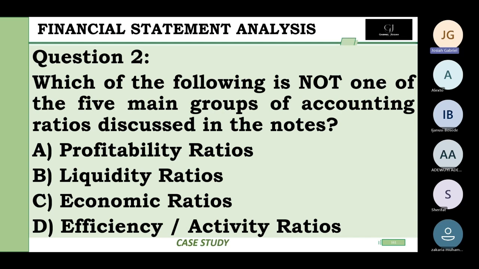Please speak. What's your option? Or maybe it's his network. IB, what's your pick? And SH, what's your pick also? C, economic ratio. Okay. SH is saying C.